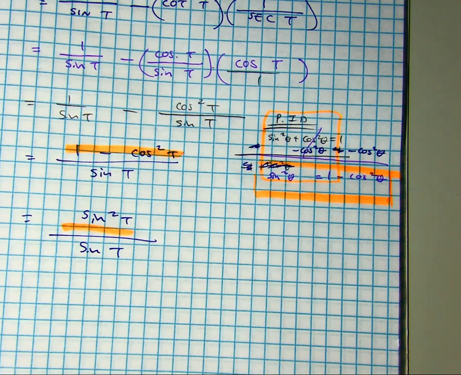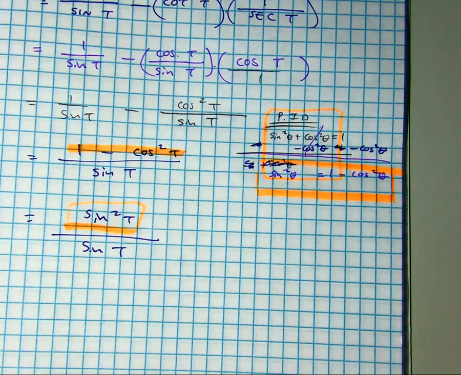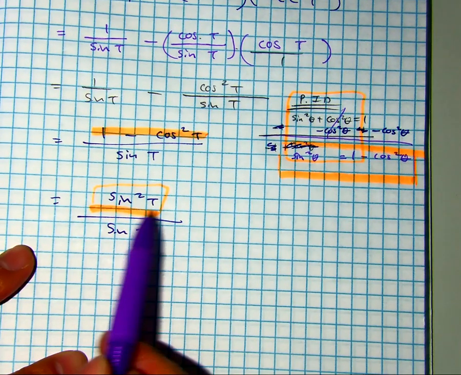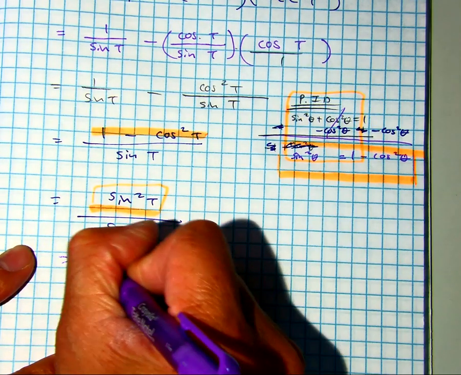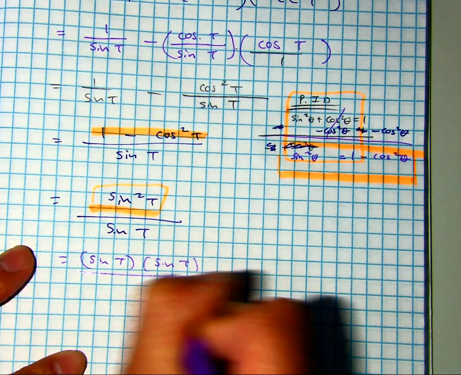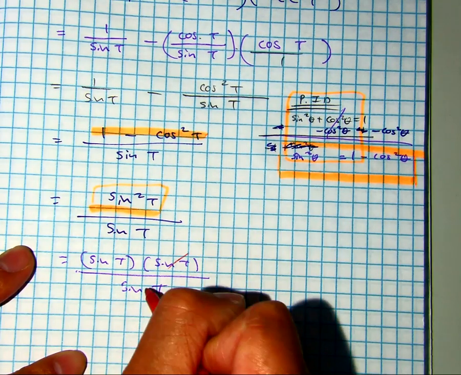There's my substitution. And really remember, what does sine t squared mean? How many sines do I have? You have 2 of them. You can cancel them and you're left with sine of t.